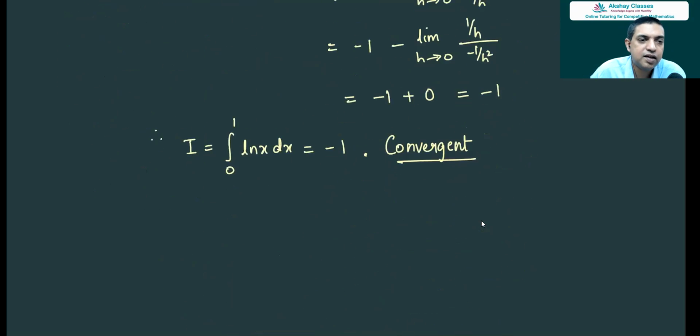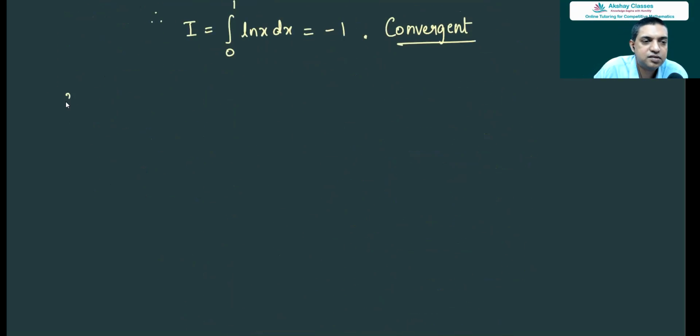Now, let us check this one. Evaluate integral a to b dx upon (a minus x) the whole square.